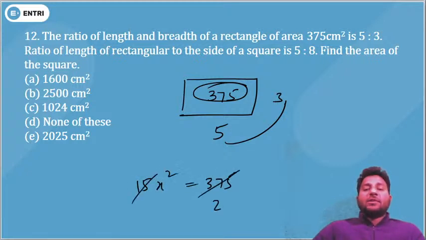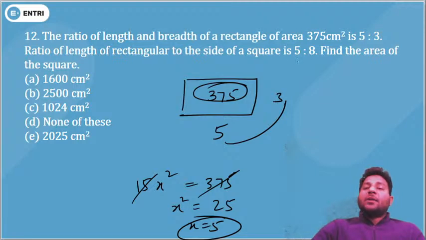So x will be 5 centimeter. The ratio of the length of the rectangle to the side of the square will be 5:8.